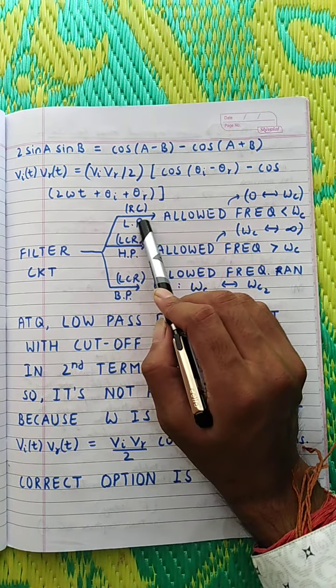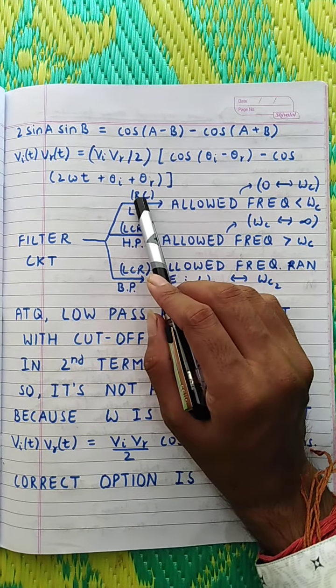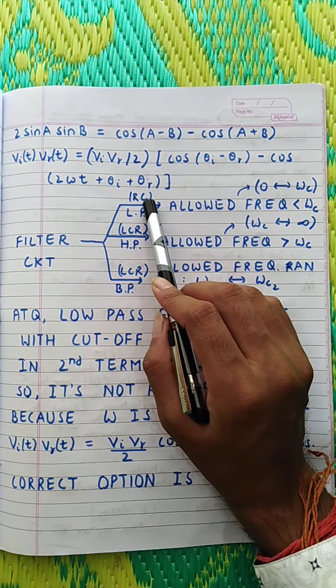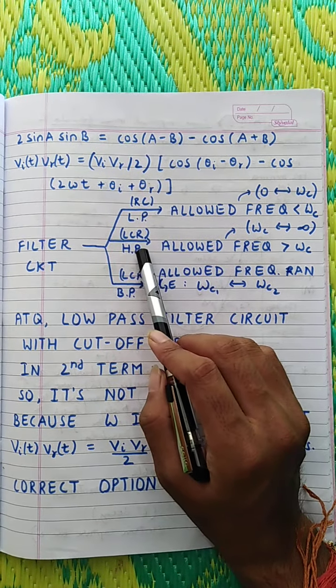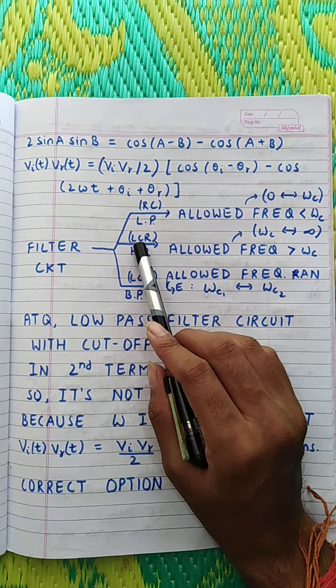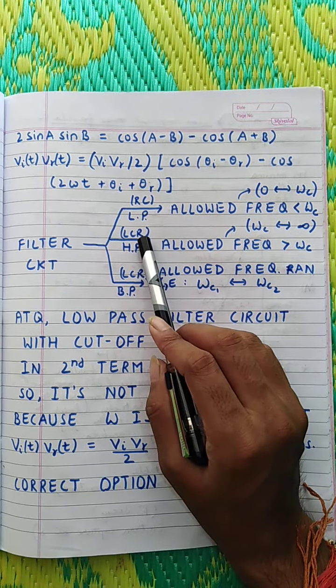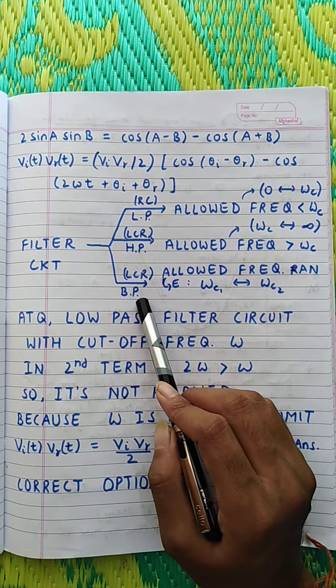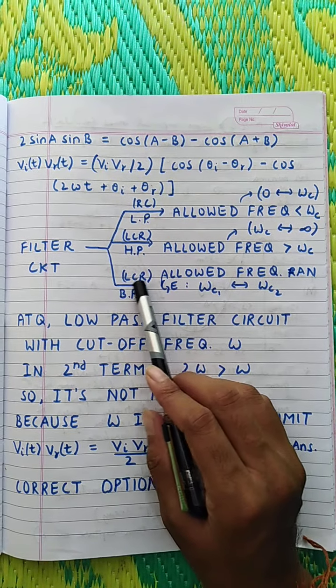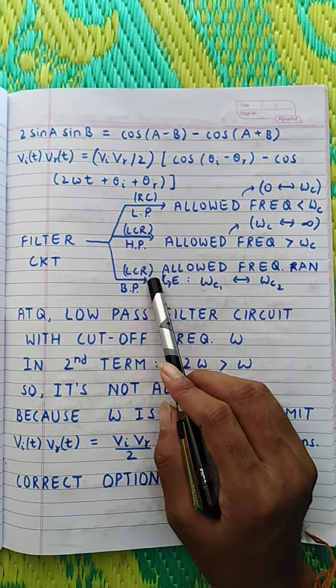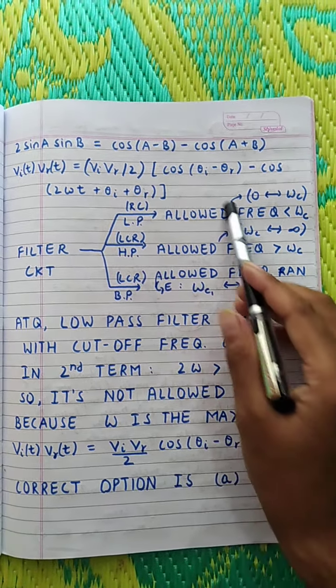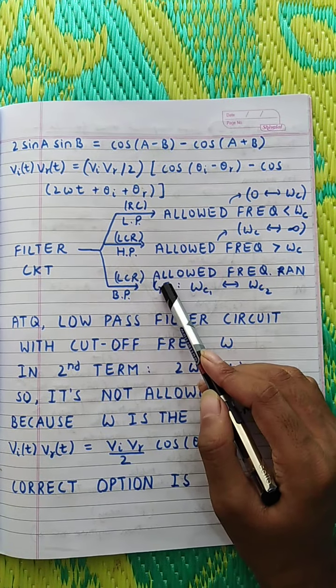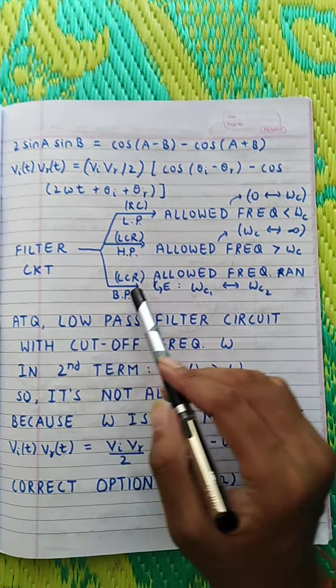Low pass filter circuits are generally made by R and C, resistors and capacitors. High pass filter circuits involve inductors, capacitors and resistors, LCR. Similarly, band pass filter circuits also involve LCR within the circuit. So we have understood some of the basic concepts involved in filter circuits. Now we will use them.